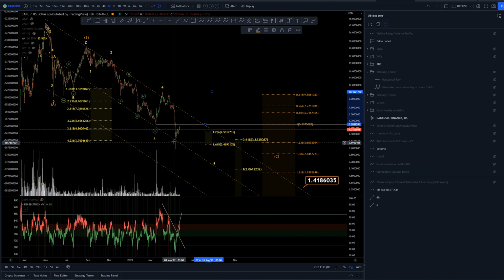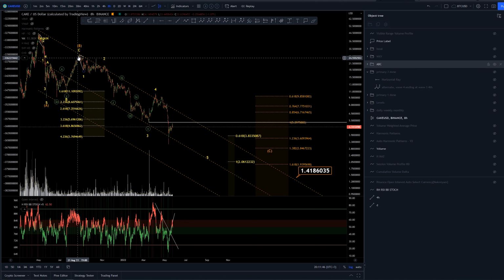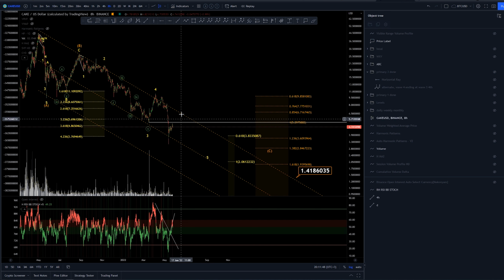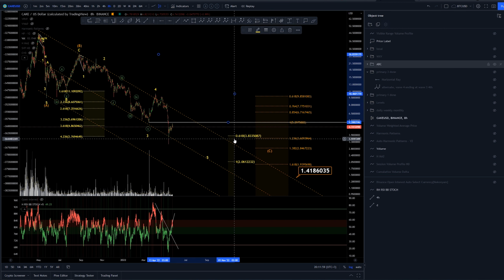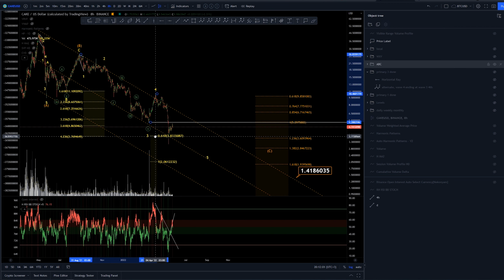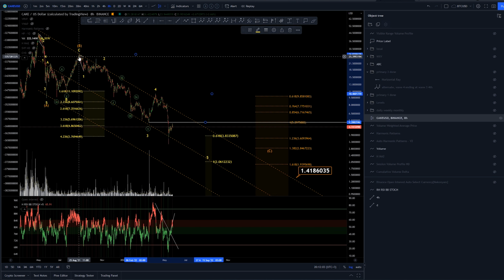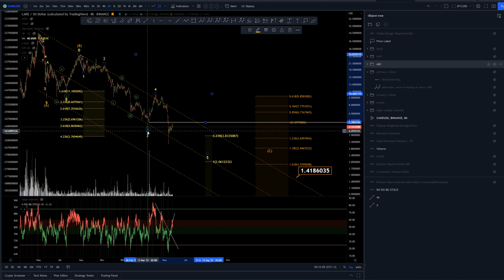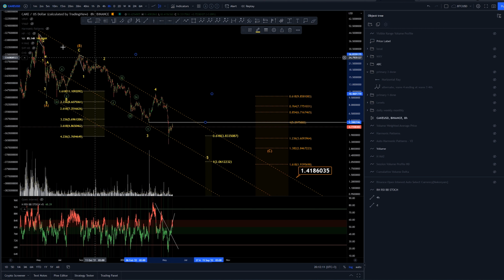Also, measuring from wave 1 and comparing it to wave 5, or possible wave 5, does not make any sense. The wave 5 is already extended compared to wave 1. This is where you usually compare wave 1 and 3 towards the 5, which is usually the case when wave 3 is not extended.